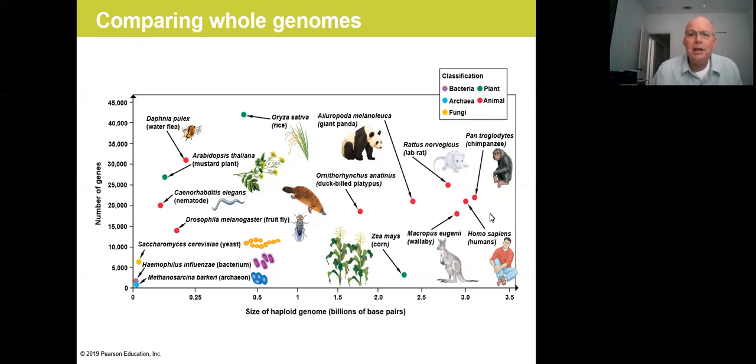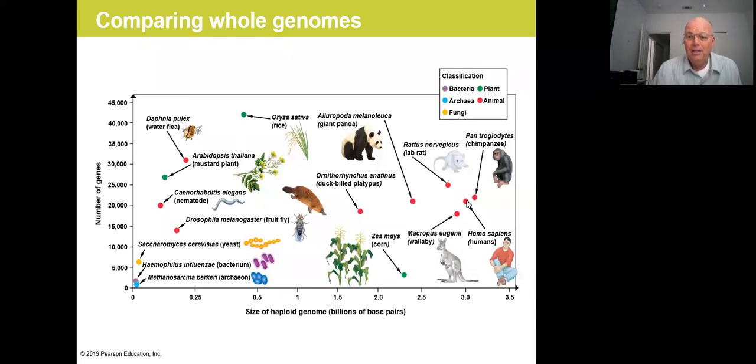So here is a chart that shows the results of some of these sequencing projects, giving you an indication of the size of the genome. So it's talking about the haploid genome. Remember, that's one complete set of chromosomes versus the number of genes within the genome.